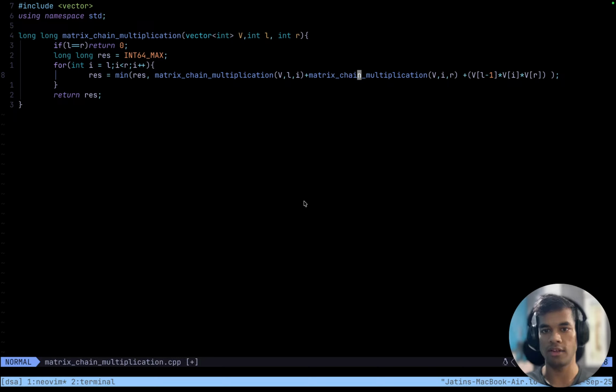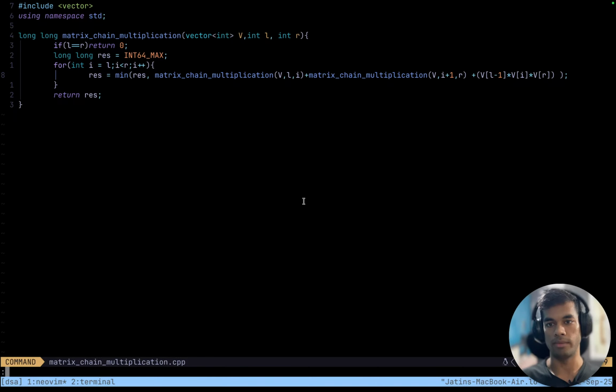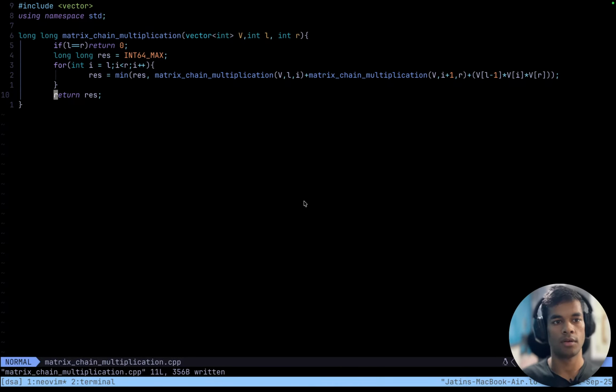And on the right side, we are not including I, we are going I plus 1. Does it make sense? Let's see. We will use some memoization in a while, but I think this makes sense.